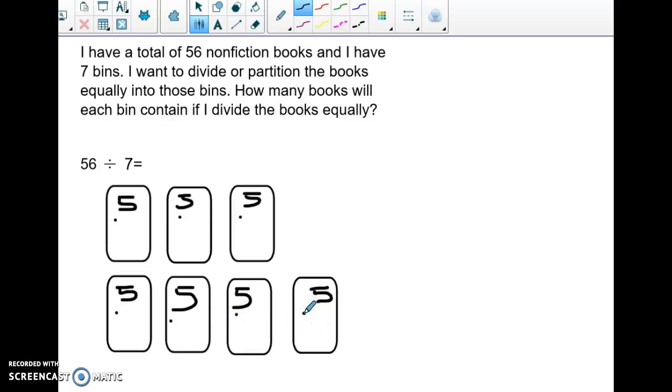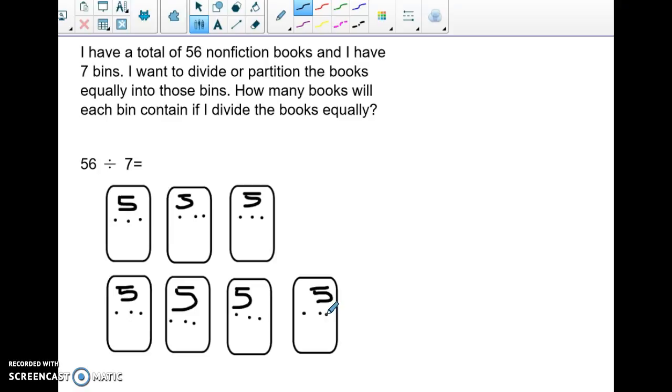I'm not at 56 yet, so I'm going to keep going. 43, 44, 45, 46, 47, 48, 49. I have to keep going because that's just 49. 50, 51, 52, 53, 54, 55, 56.